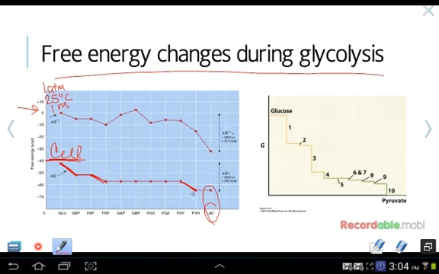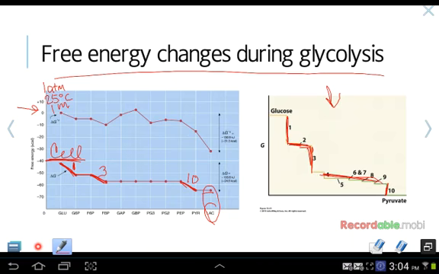So we have step 10, step 3, and step 1, and you can see all of those have very large negative delta Gs, where the other ones stay pretty level. Your book graphs it this way, and it's a little harder to see, but you can still see 1 is very negative, 3 is very negative, as well as 10, where the others stay pretty near equilibrium, or pretty much near a delta G of 0.